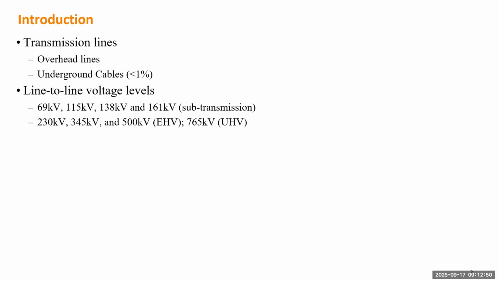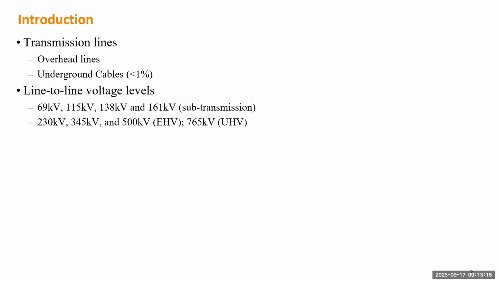In terms of the voltage level, here we talk about transmission lines, but we include sub-transmission system lines in this category. Which means we study voltages typically above 69 kV. Usually 69 kV is still at the boundary between transmission and sub-transmission.